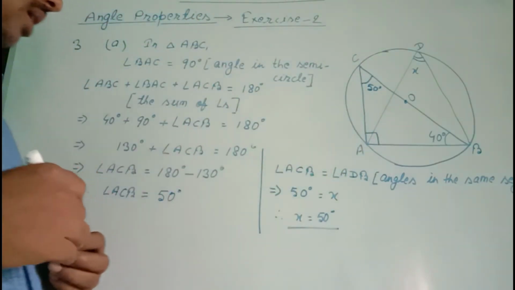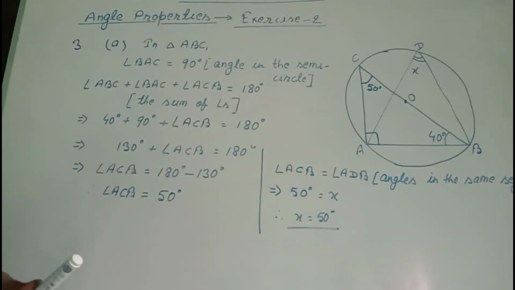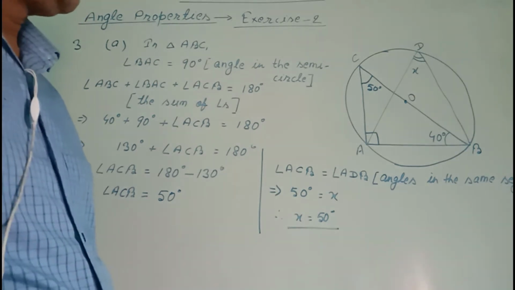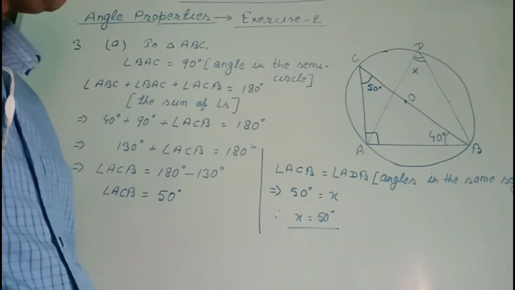Now we see angle ACB and angle ADB both are in the same segment, because the starting points of these chords are common.